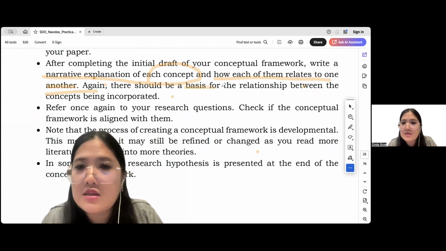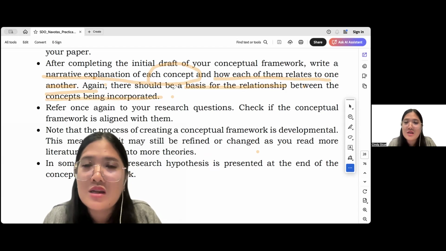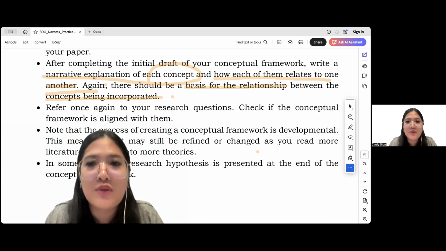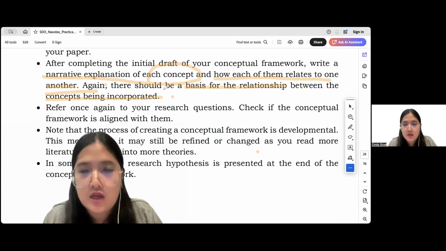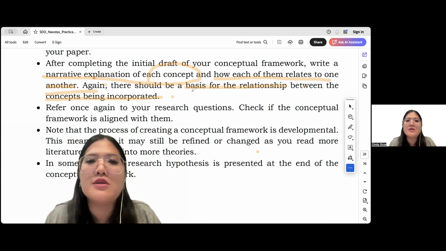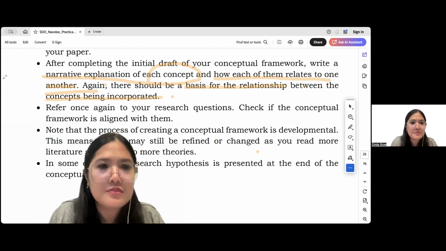There should be a basis for the relationship between the concepts being incorporated. We could not just leave the representation to their interpretation. We have to provide a narrative explanation below, so that they would clearly understand how one concept is related to the other.